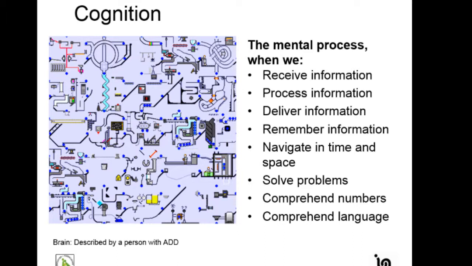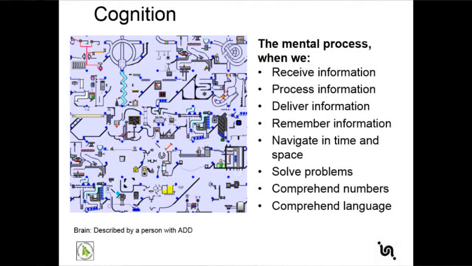We use our skills when we move in time and space, when we solve problems, when we understand numbers, letters, and even read. To read text is also a cognitive ability. Having difficulty with any of these functions leads to cognitive problems.